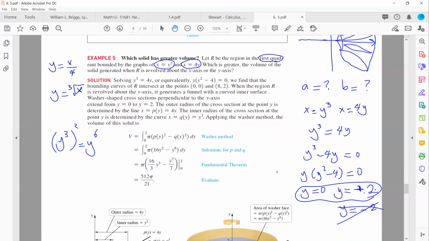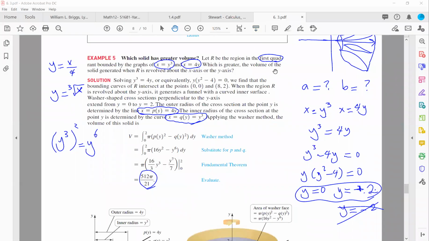The integral of 16y squared is 16 over 3 y cubed, minus the integral of y to the 6th, which is 1 over 7 y to the 7. Y ranges between 0 and 2, so let us plug in 2. We don't care about 0, both of these have y, so 0 makes it 0. So after plugging in 2, you get 512 pi divided by 21.